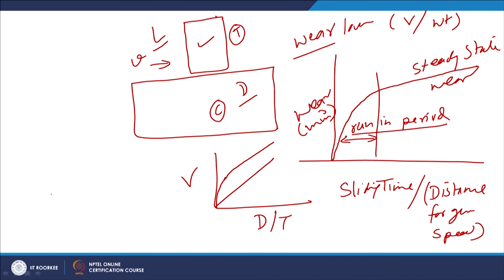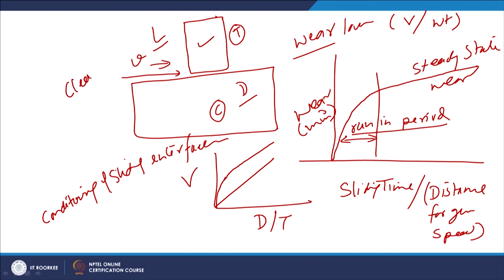For understanding this, in the initial stages, conditioning of sliding interfaces takes place. Say both the surfaces are fresh, so they are clean and they have their own roughnesses, hardness, crystal structure, and composition.